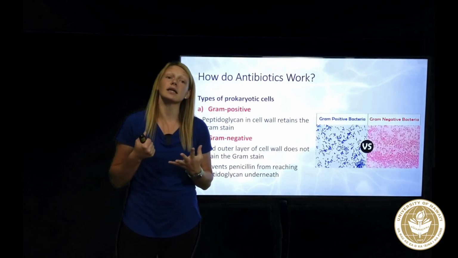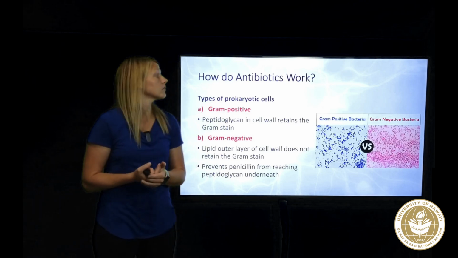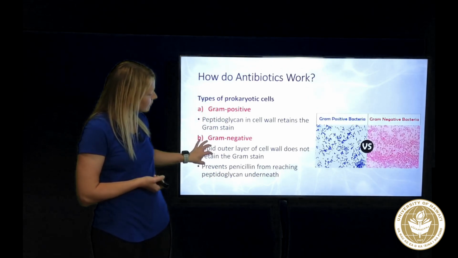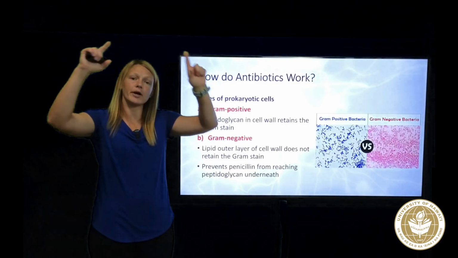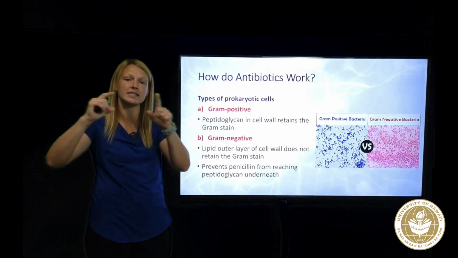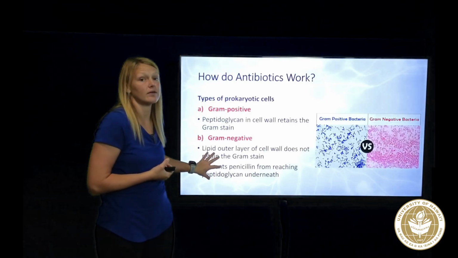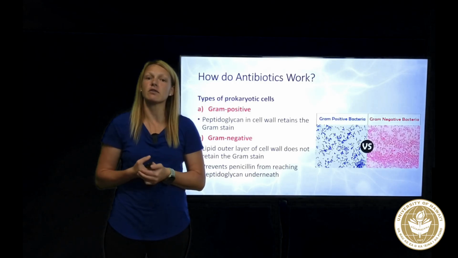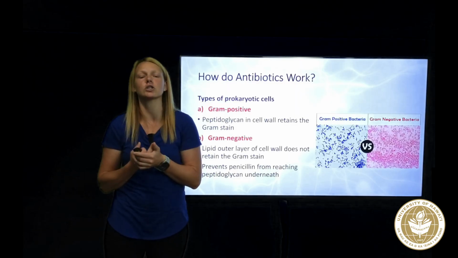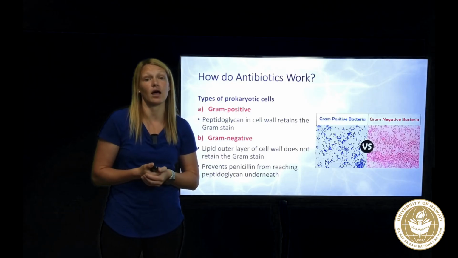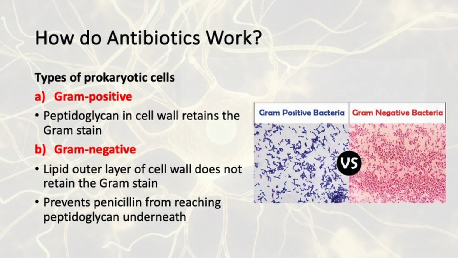So penicillin is really useful for gram-positive bacteria. But again, because gram-negative bacteria have this membrane surrounding the cell wall that penicillin targets, it's not effective on them. So even though penicillin was such a wonder drug, we realized very quickly that we needed different types of antibiotics.